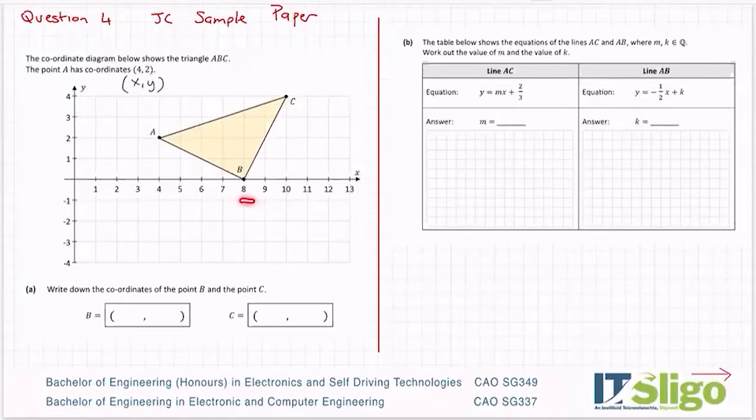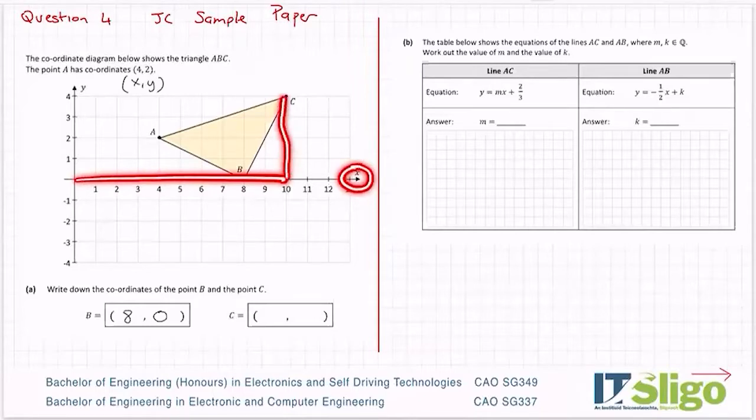So let's look at the point B first. Over 8 on the x-axis, we don't go up or down any, so it's 8, 0. Let's have a look at C. Over 10 on the x-axis and up 4 on the y-axis.